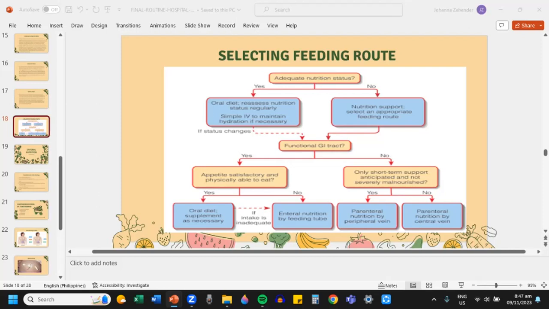Okay, so those are examples of peripheral veins. Pag central vein, these are blood vessels or IV routes that are closer to the heart of the patient. Okay, so hindi siya magdaan ng shortcut na siya or diretso na sa circulation.